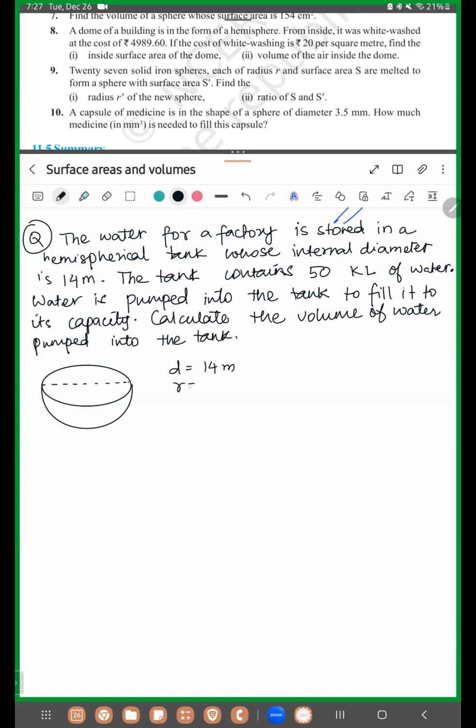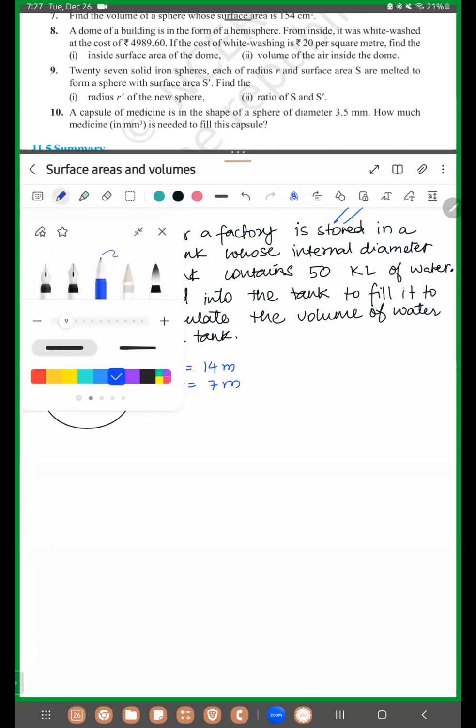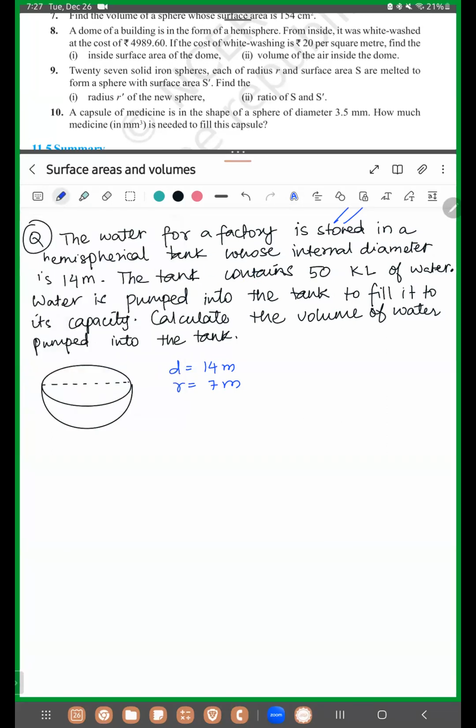So the radius is going to be 14 by 2, half, which is 7 meters. Now we have been told that the tank contains 50 kiloliter of water. So it already has some amount of water in it.